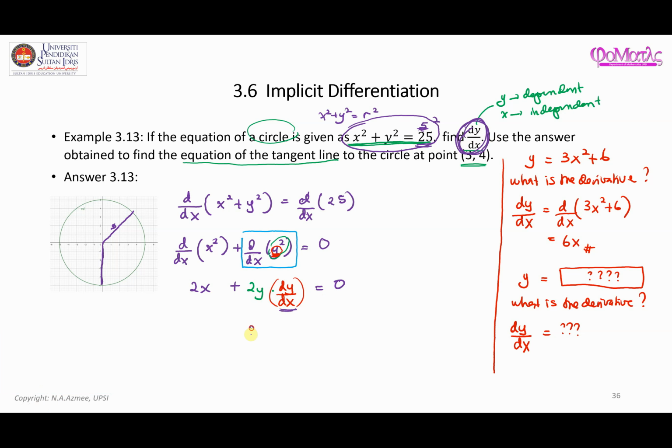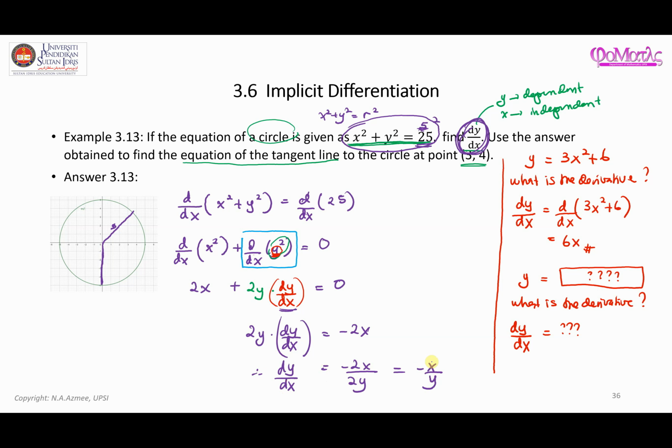So here we can say that therefore 2y dy dx is equal to negative 2x, and therefore dy dx is equal to negative 2x over 2y, and this can be further simplified as negative x over y. Okay, right, so now we have managed to solve the first part of this example.